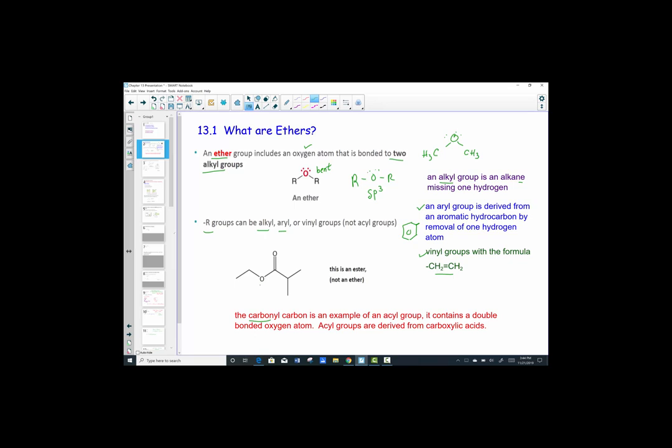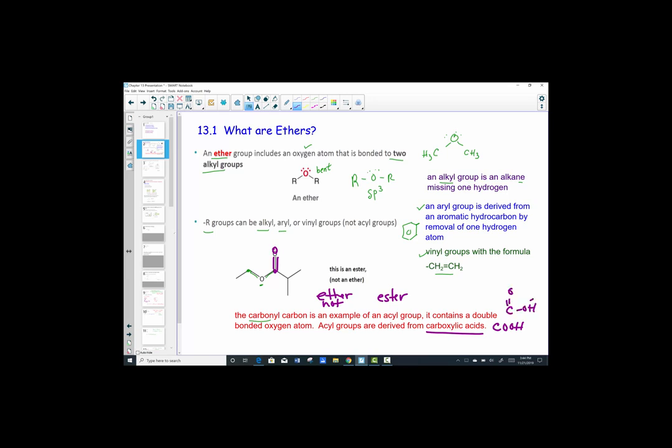So even though I see an oxygen in this structure and it's leading to two other carbons, I cannot be fooled, because this carbon is double bonded to another oxygen, and that is no longer an ether. It happens to be a different functional group called an ester. An ester is a derivative of a carboxylic acid, that C double bond OH.